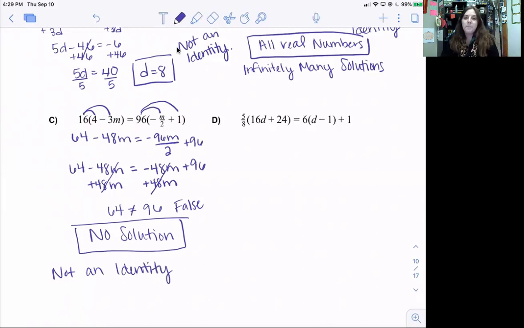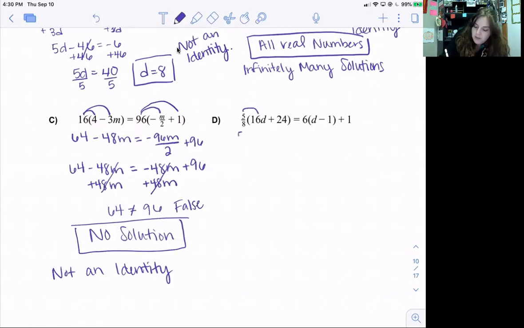Okay. All right, and looking at our last one, so we have 5/8 times the quantity 16d plus 24 equals 6 times the quantity d minus 1 plus 1. So I'm going to break this out in kind of a different way. So we're still going to distribute, but I'm not going to actually multiply this.